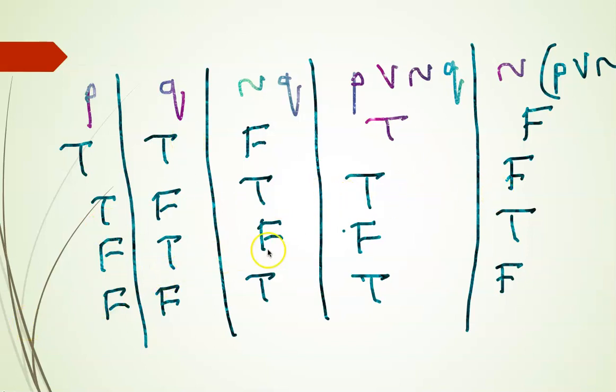Again here negation of true is false. False or false is false, and negation of false is true. Both are false. Negation of false is true. False or true is true and negation of true is false. So this is a truth table.